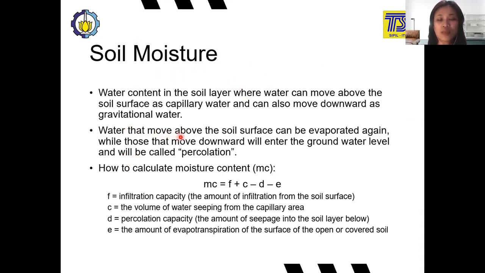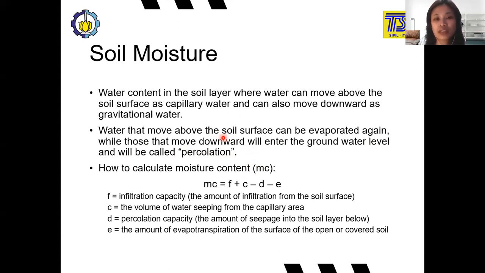The water that moves above the soil can be evaporated again, while the water that moves downward will enter the groundwater level and is called percolation. So part of the water in the soil is evaporated, but part of it goes into the groundwater level.